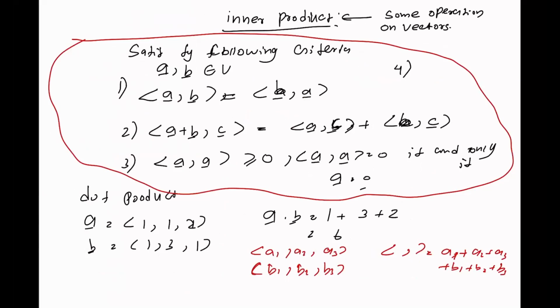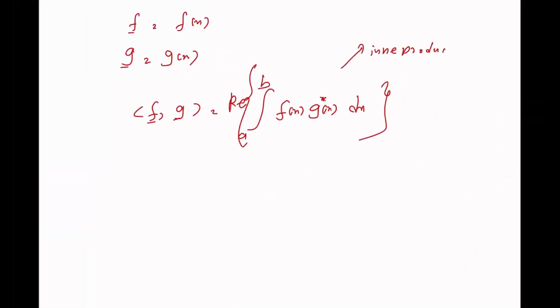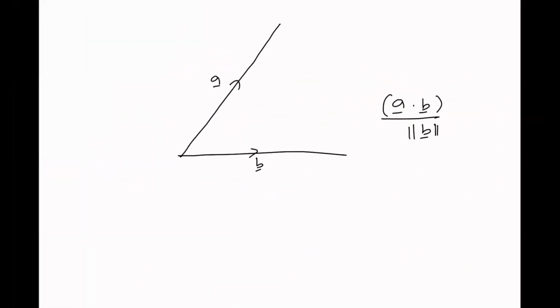If you take K A times B, it is equal to K times the inner product of A and B. These are some properties you have to go through. So if you consider this vector, we can write this as B divided by B's norm, dot product with A, something like this.